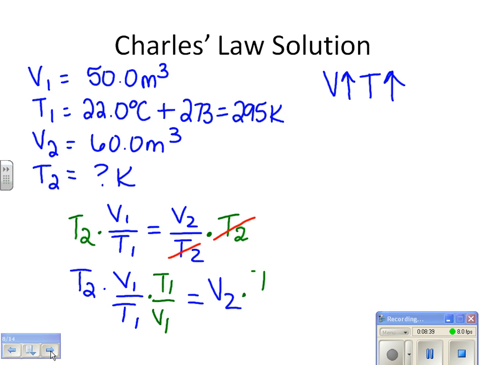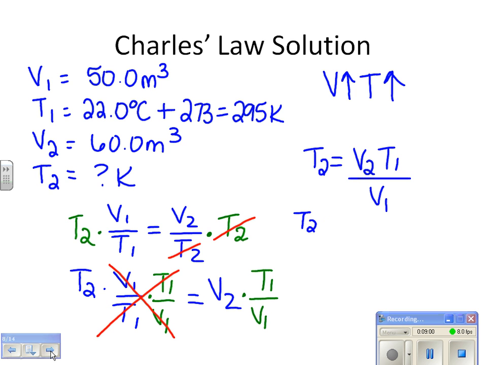Multiply both sides. What happens on the left-hand side? The fractions cancel. We have T2 equaling V2 T1 over V1.